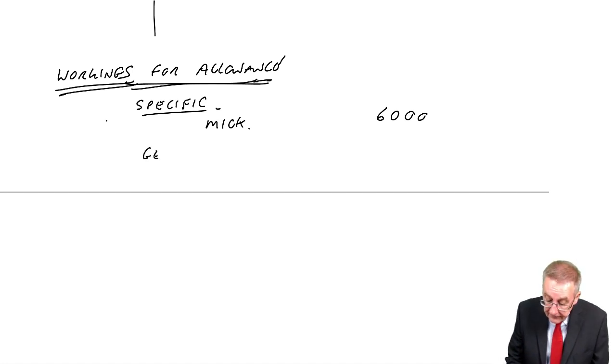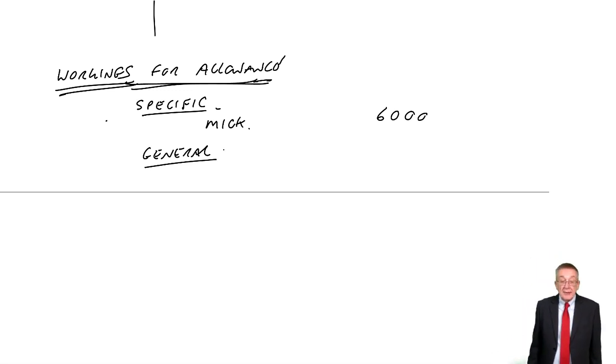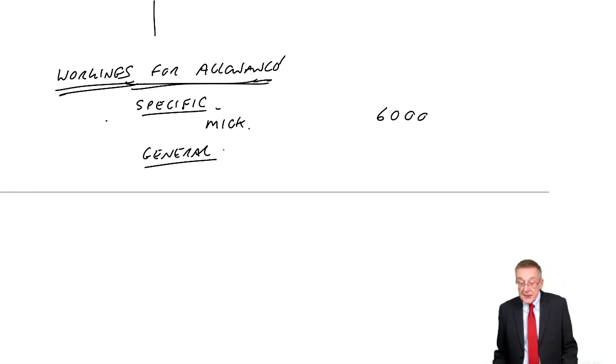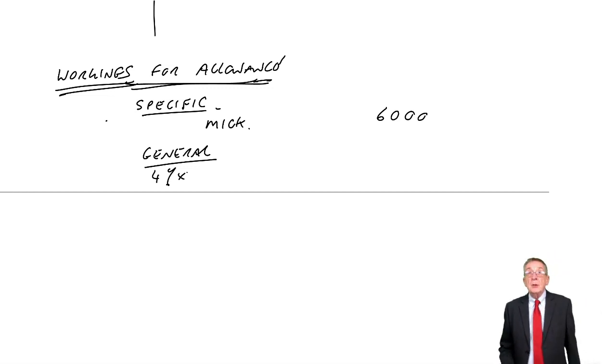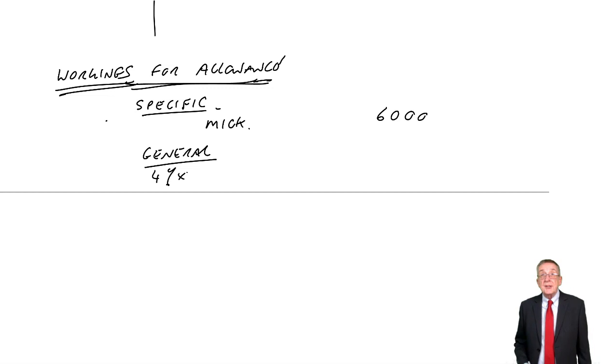In addition, general allowance. It says we want to carry on having a general allowance of 4% of remaining debts. So I did stress last time, be careful. You take whatever percent you're told of those debts that we think are okay.